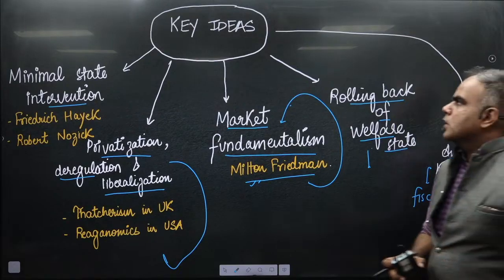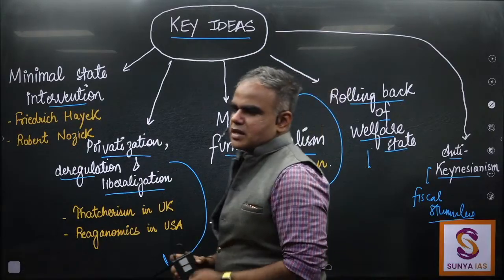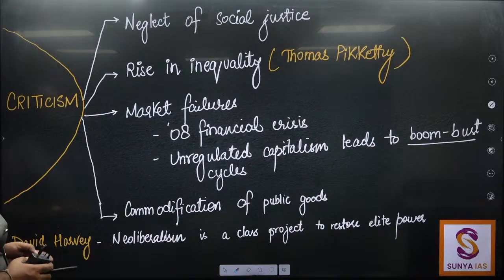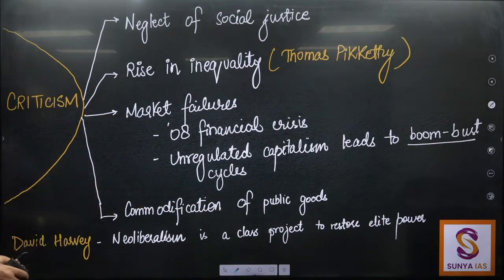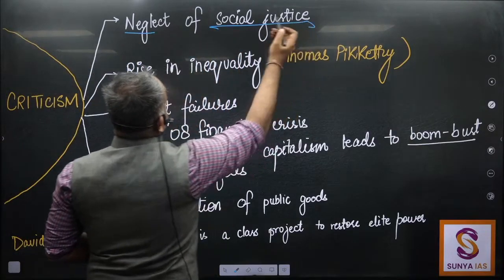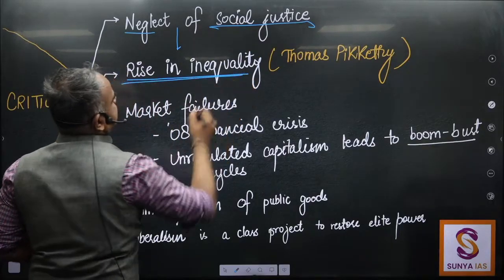Now, if we are sure about the main ideas here, then what is the criticism the neoliberal theory would face? Most of these points I've already explained to you. So the first is neglect of social justice, and I can club this point with rise of inequality.